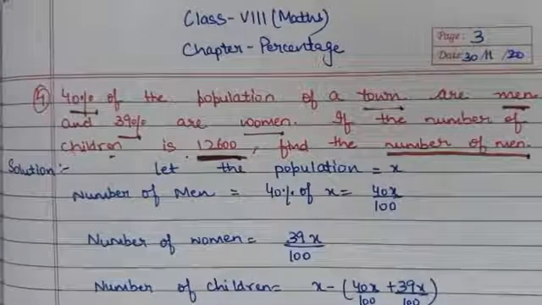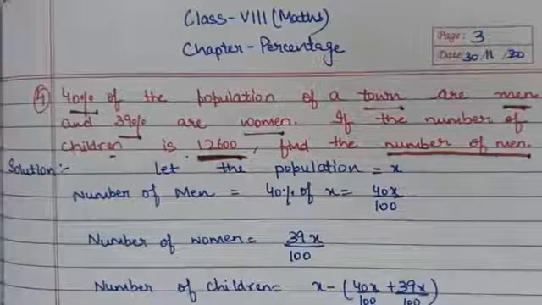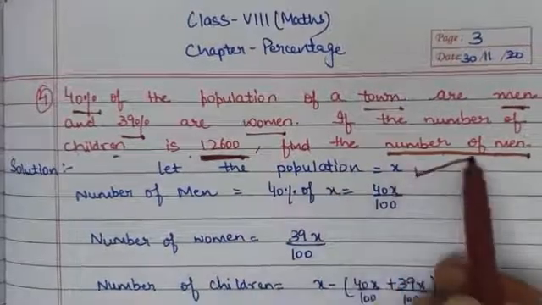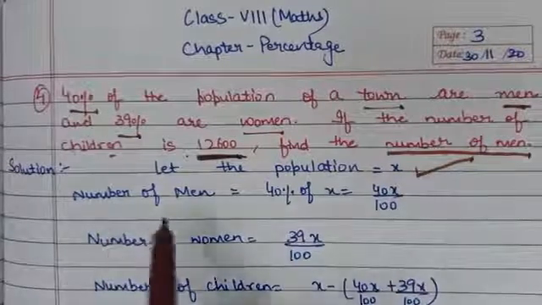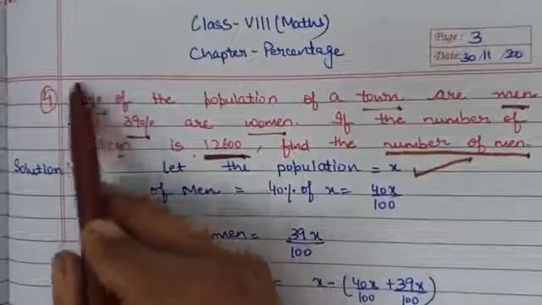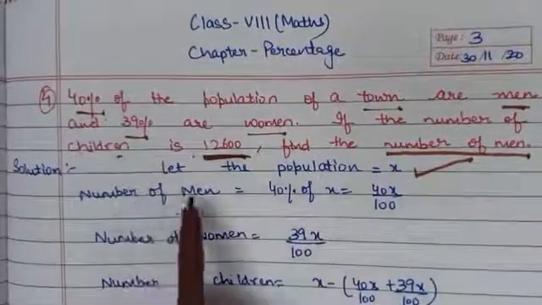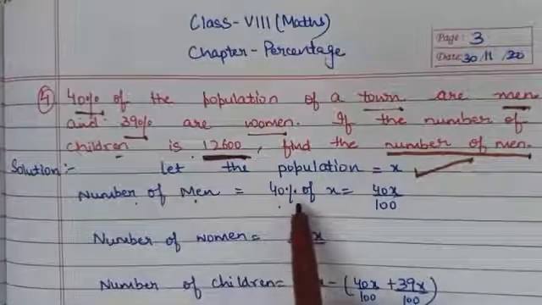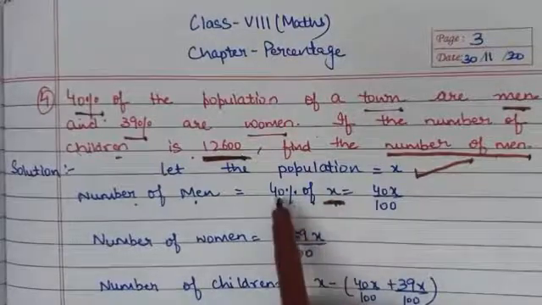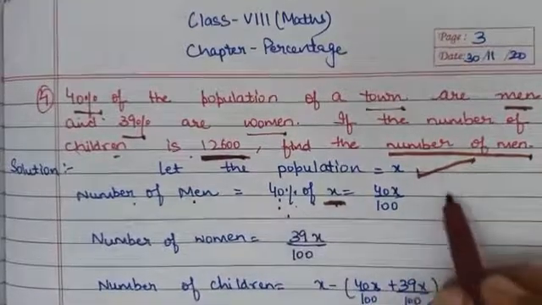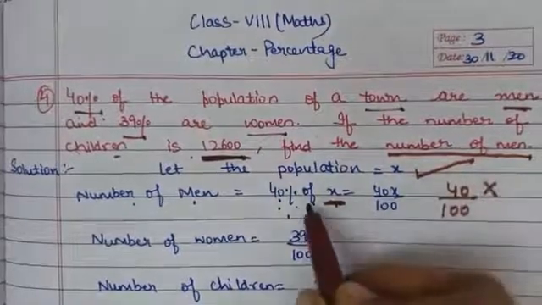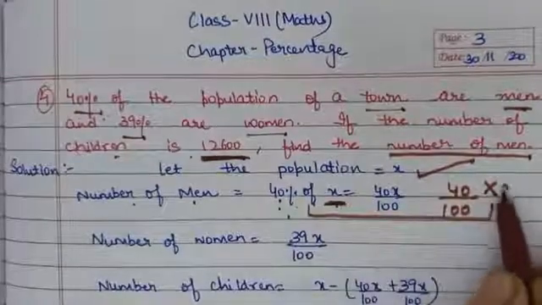Now, we don't know what the total population is. So, first of all, let the population be x. Now, it is given that the percentage of men is 40%. So, the number of men will be 40% of the total population. So, what we get? 40 upon 100 multiply x.